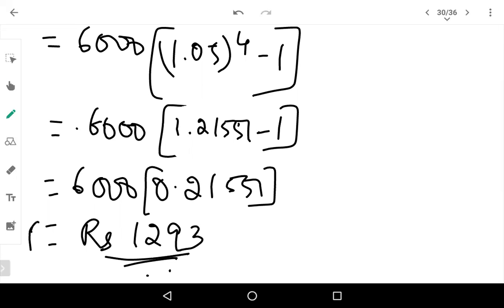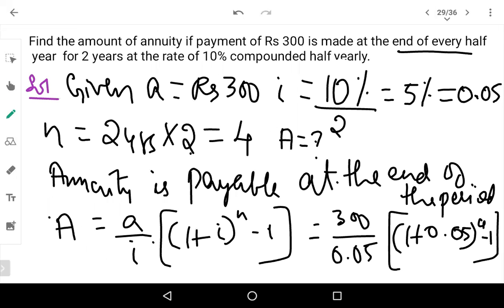So here, what is important is that, because it is compounded half yearly, you have to be careful with the values that you are considering. So this is our next problem. In all of these problems, we computed annuity at the end of the period.